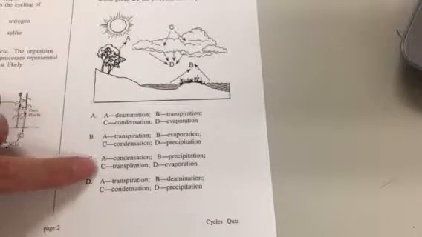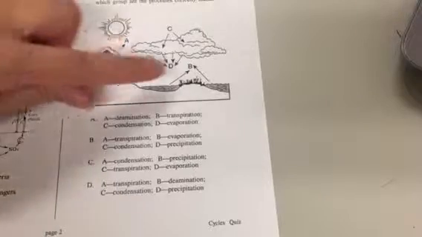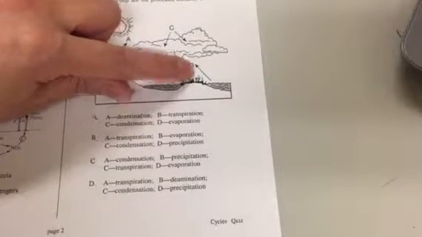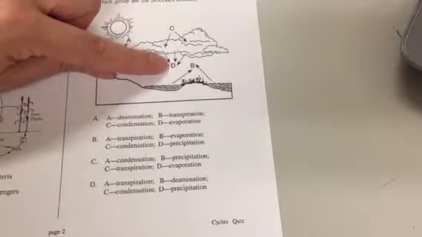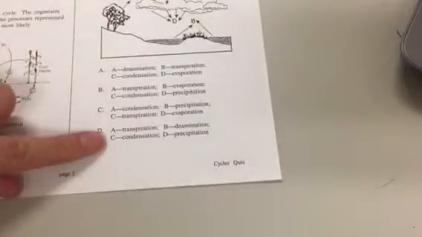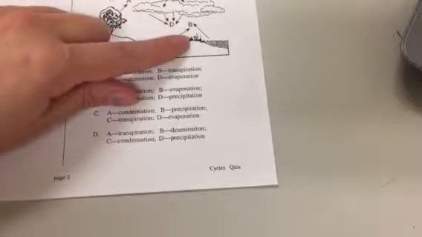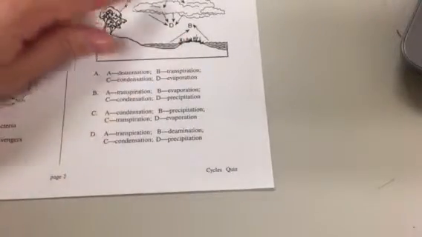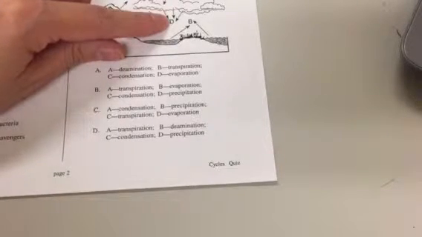Choice C is saying that A is condensation, B is precipitation, C is transpiration, and D is evaporation. Or last choice, A is transpiration, B is deamination, C is condensation, and D is precipitation.